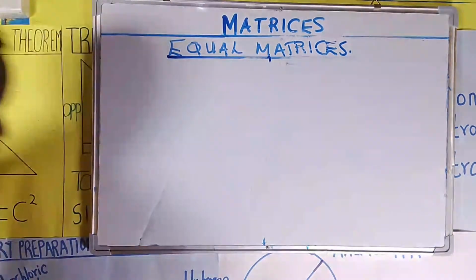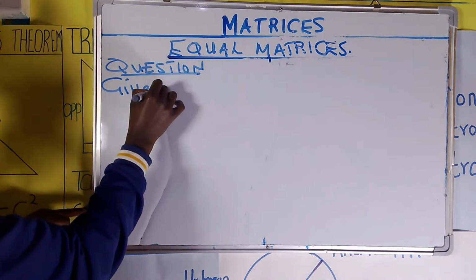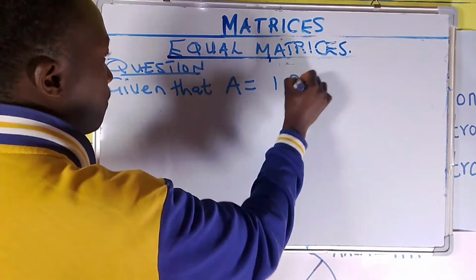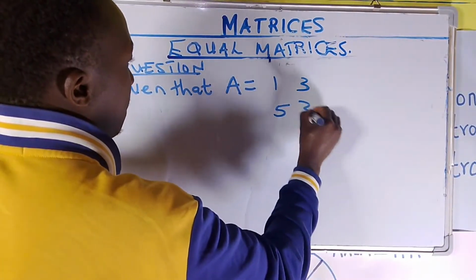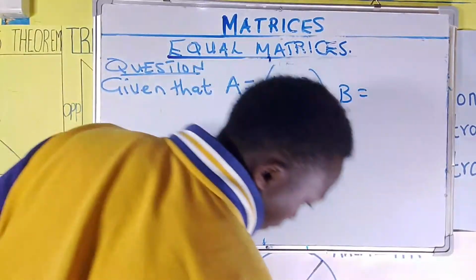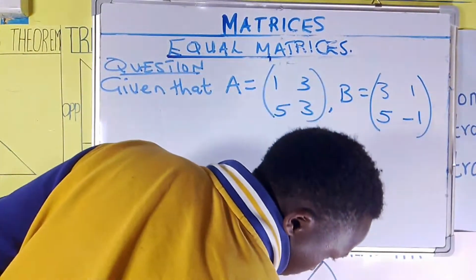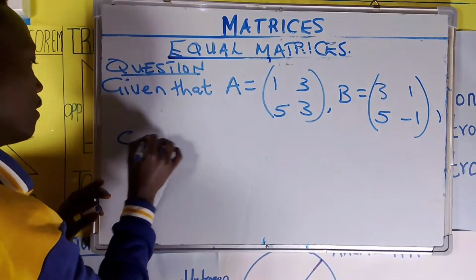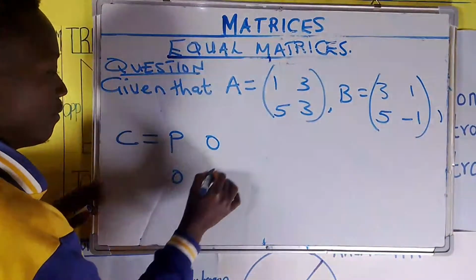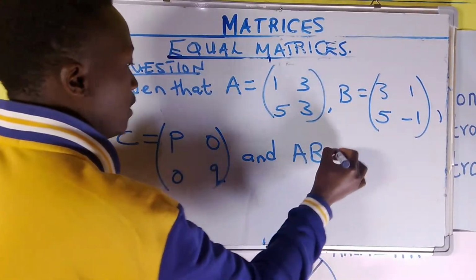Given that A is equal to 1, 3, 5, 3, B is equal to 3, 1, 5, negative 1, C is equal to P, 0, 0, Q, and AB is equal to BC.